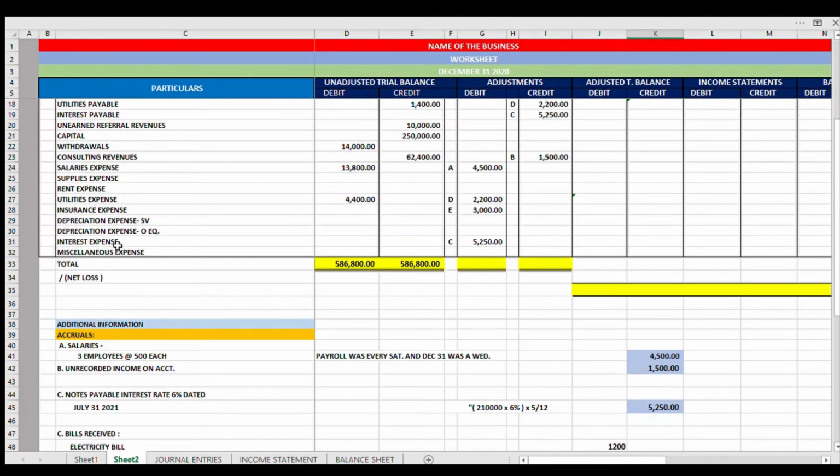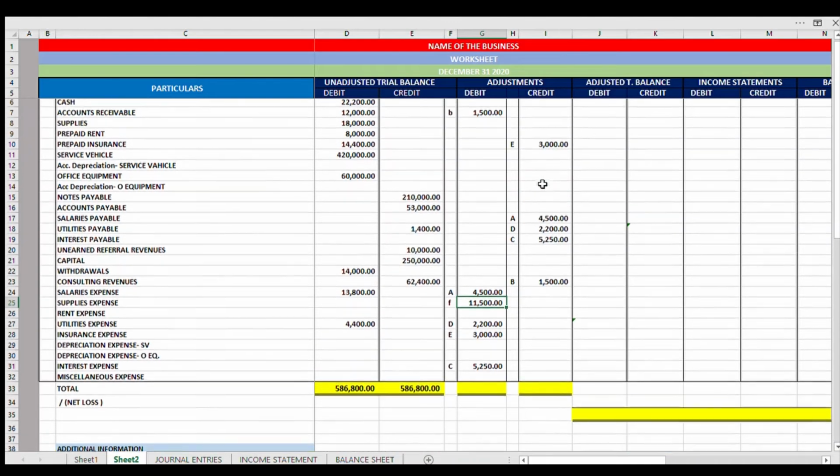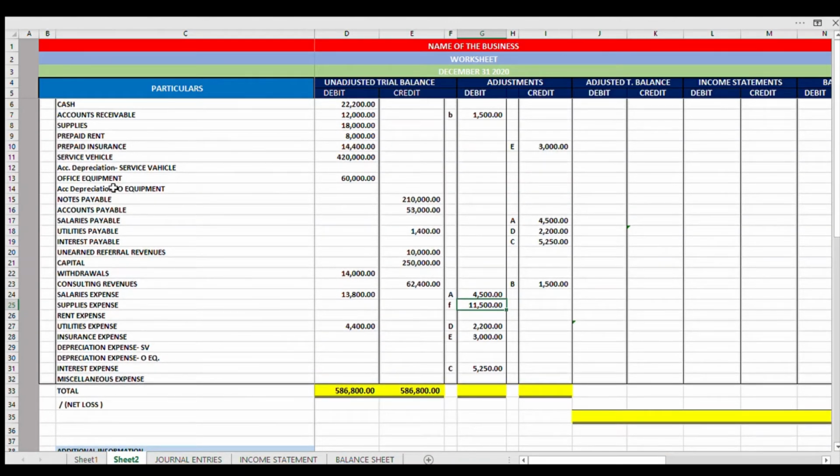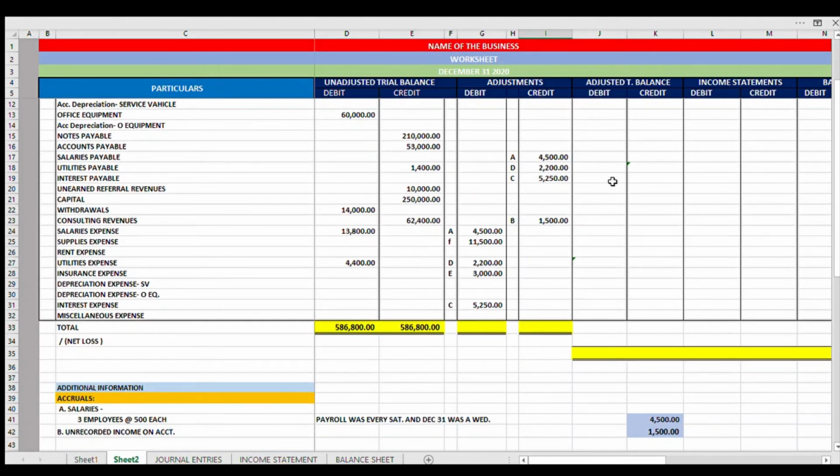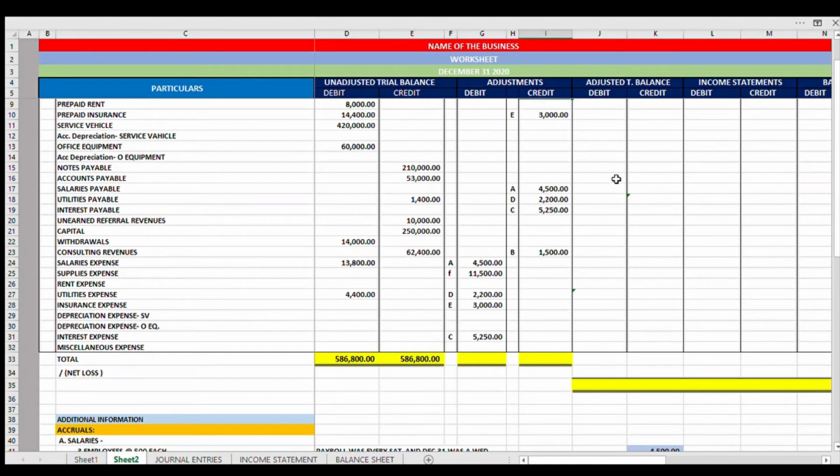So, we will have the entry, debit, supplies expense. Okay, and we will credit the supplies. So that's how it is being done in the worksheet. Okay.